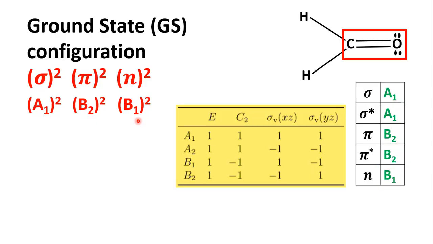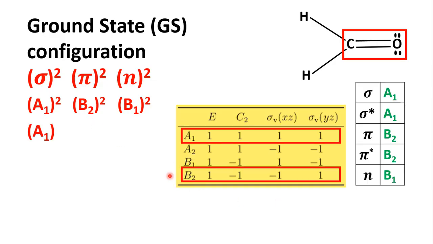Now, if you look at the character table, A1 is all plus ones, and if you square it, it's once again all plus 1. And so A1 square is A1. B2 is 1, minus 1, minus 1, 1. And if you square it, the square of minus 1 is plus 1.